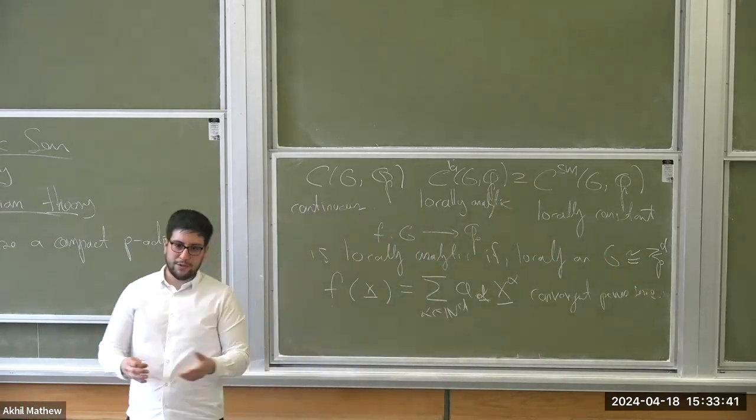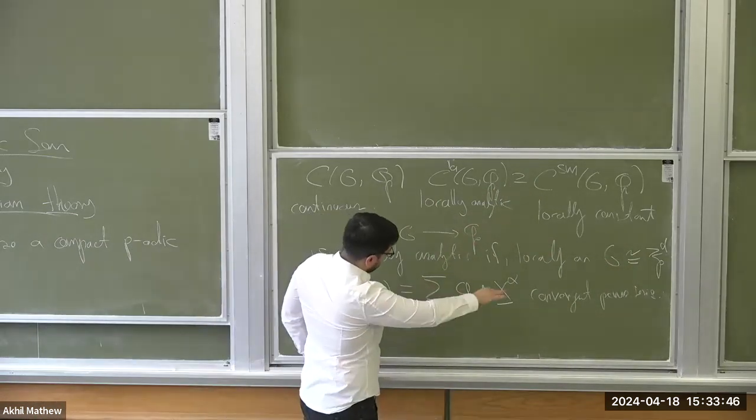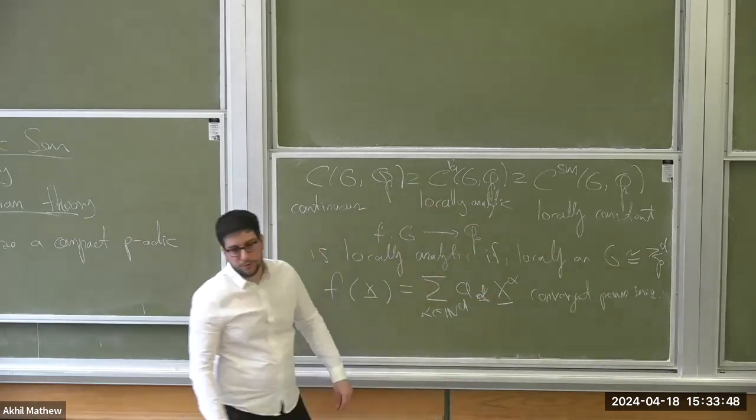Locally constant functions are locally just constant, whereas here it is locally a power series, and power series like that are going to define the continuous ones.